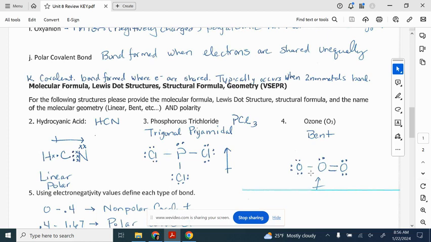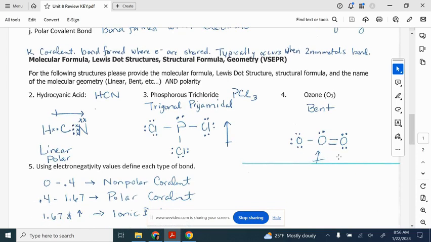Because remember, this is actually bent. So if we were to draw this correctly in terms of a VSEPR structure, we would draw it... Okay, no, that's not what I want. I want this one right here. It would actually be drawn like this, where this is coming out down here because this is a bent structure.